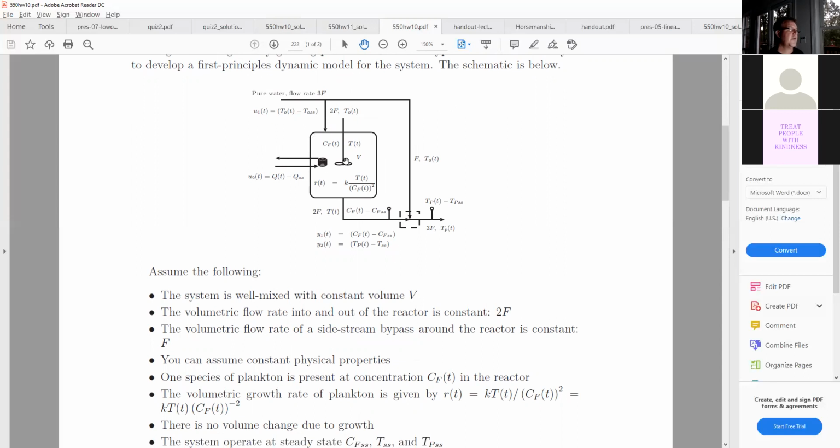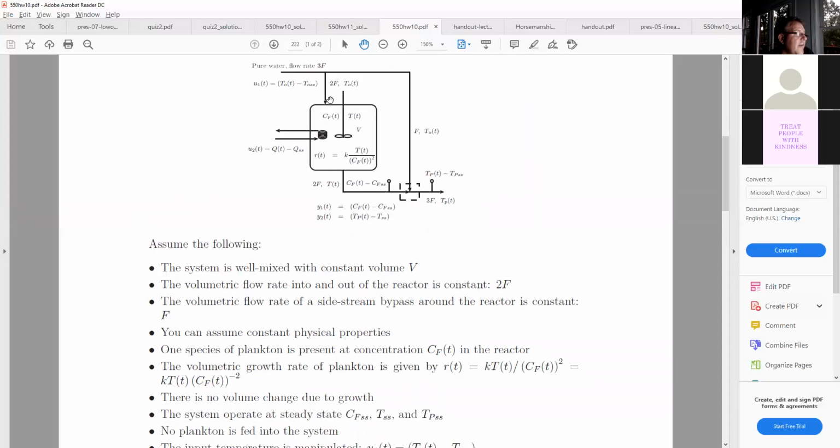We could do an energy balance and a mass balance on the tank or the reactor. We could do both, but I'm going to tell you, this one ends up needing only an energy balance because we only care about the product temperature, not the product concentration. All we need to know is the concentration inside the reactor, because we have to model this measurement.